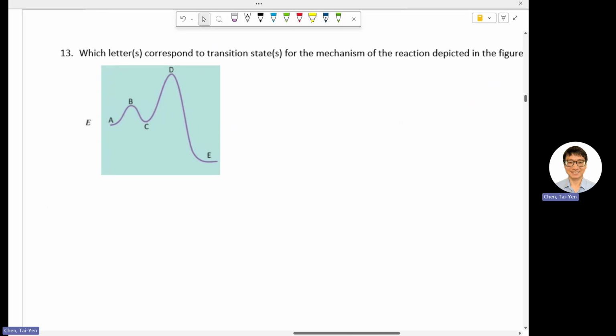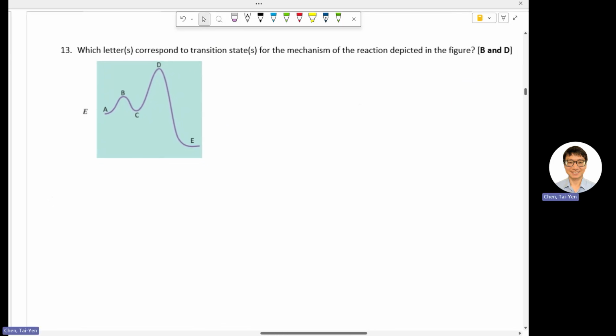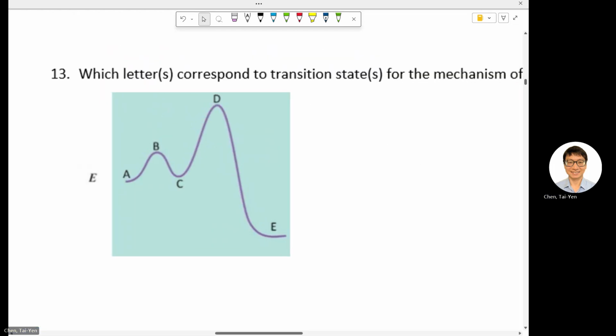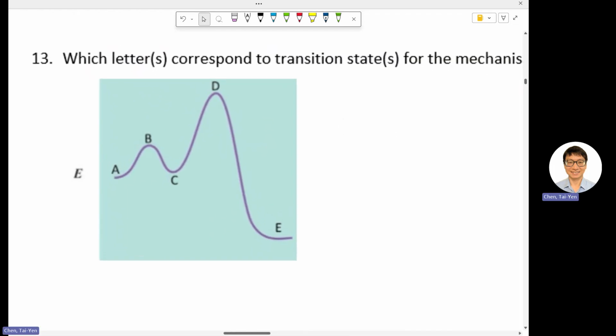There are a lot of things that can be asked about these figures, so we're going to go through all the possible questions related to these specific figures. This question says: which letters correspond to the transition states for the mechanism of the reaction depicted in the figures? We have A, B, C, D, E. What are the transition states?